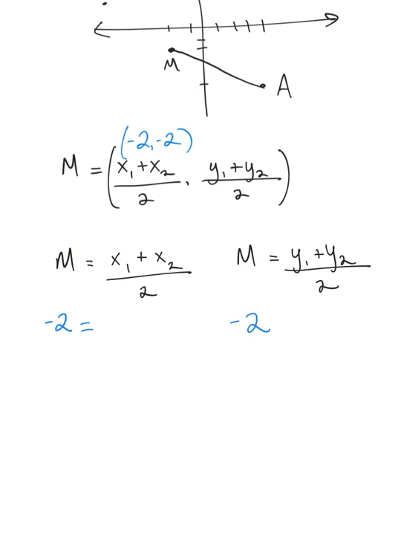And we said point A was at (4, -5). Okay, so obviously my 4 is my x value, so that goes here. The -5 is one of my y values.